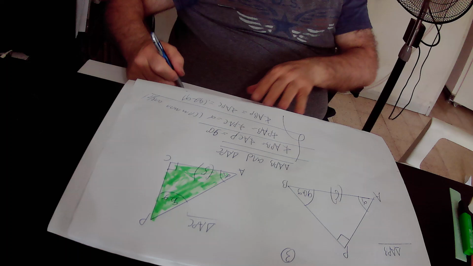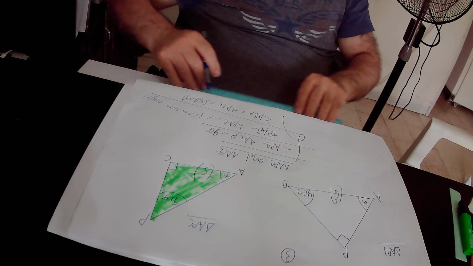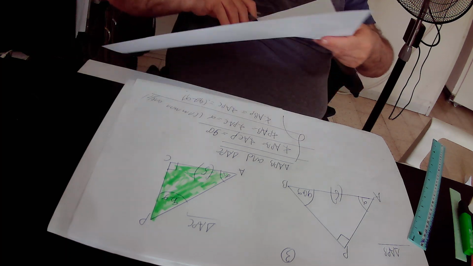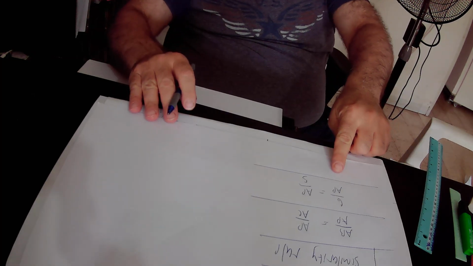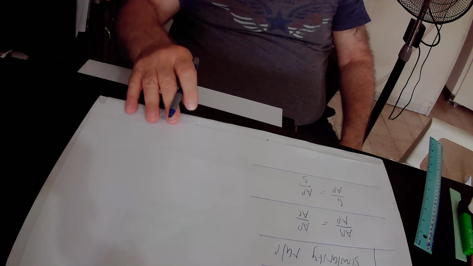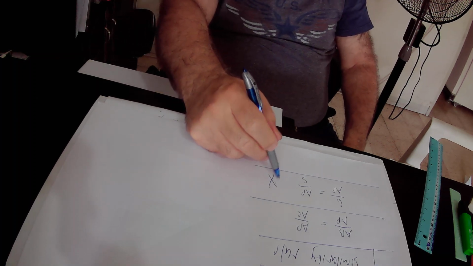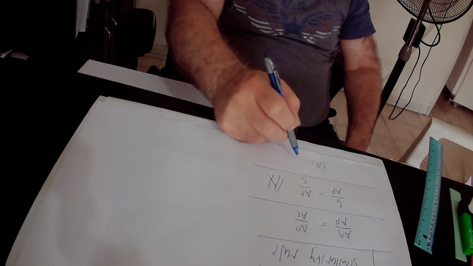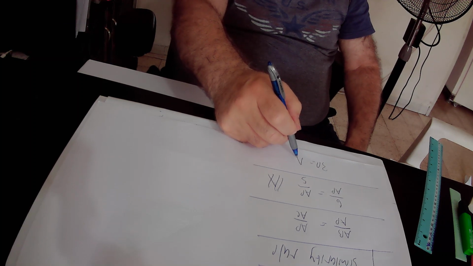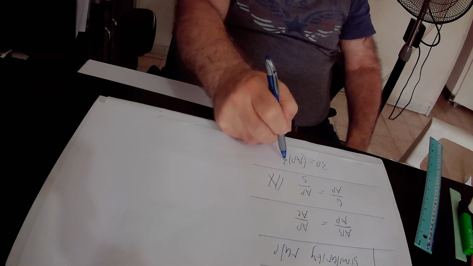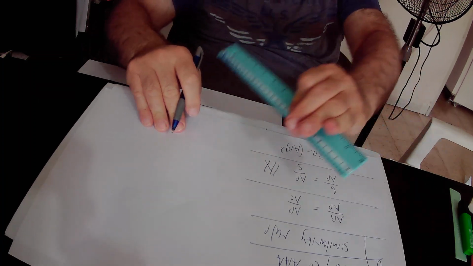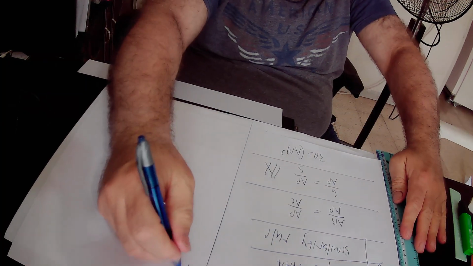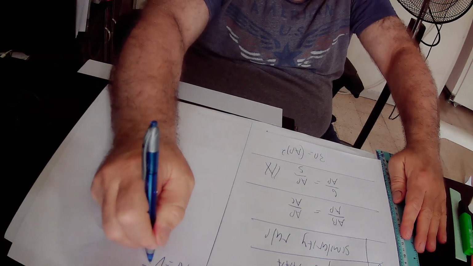So in total, we found out that six over AP equals AP over 5. Here we cross multiply this equation and you get that 6 times 5 is 30. So 30 equals AP times AP, that is AP squared. Here we take a root of this equation and finally we get that the missing side AP equals the square root of 30 units in length.